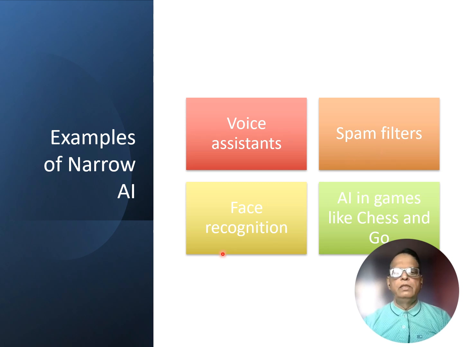Whenever we use face recognition on our mobile phone or computer system, that is also an example of narrow AI. Sometimes we use AI in games such as chess and Go. There also the AI is designed only to play that particular game, and therefore it is narrow AI.